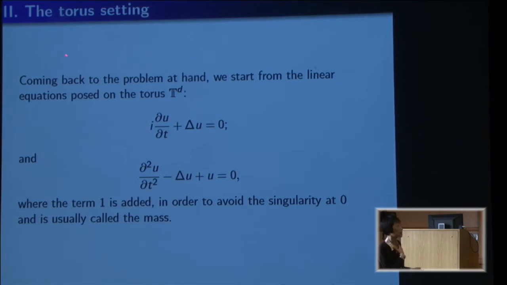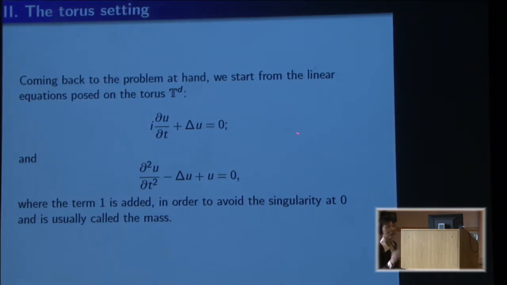Now the torus setting, the spatially periodic setting. Coming back to the problem at hand, we start from the linear equation posed on the torus. This one and this one. The term 1 is added in order to avoid the singularity at 0, because you're taking the square root of the Laplacian, and if you don't have 1, you have a singularity.